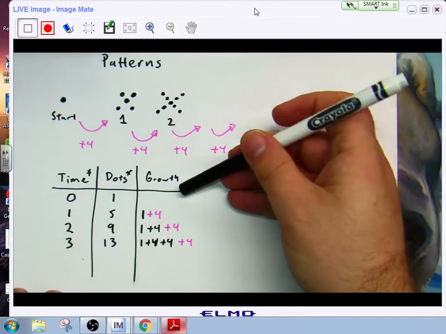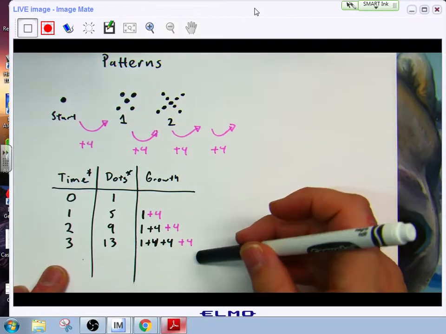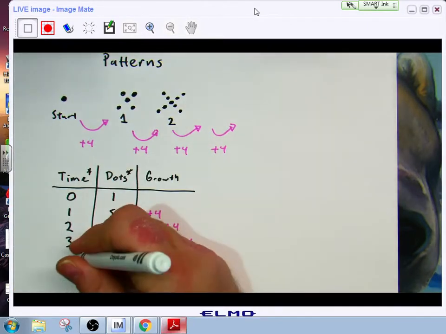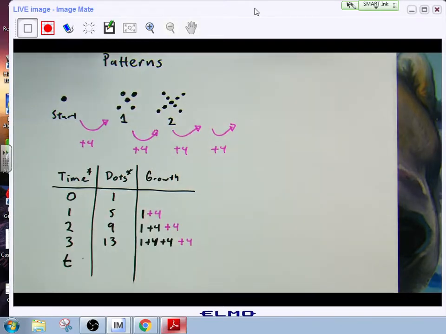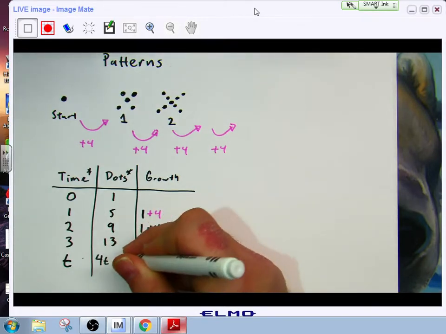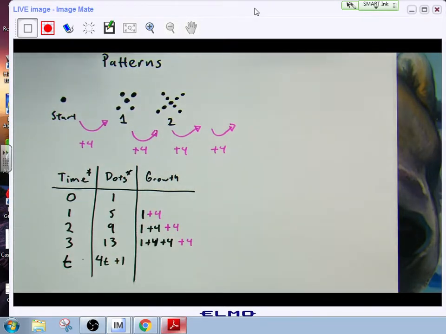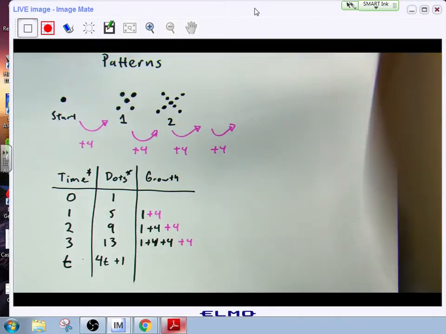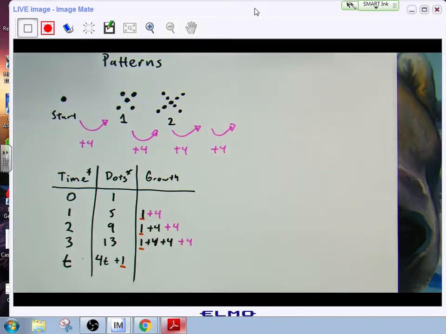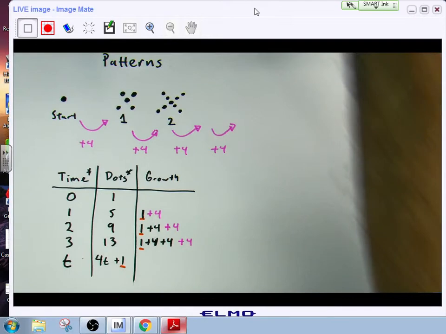But when we break down what we're doing each step, we can see that it's actually kind of complicated. So for example, if we had time t, which was a variable, that was going to be 4 times t plus 1. How did we know that? Well, it wasn't that hard. We saw that there was always a 1.